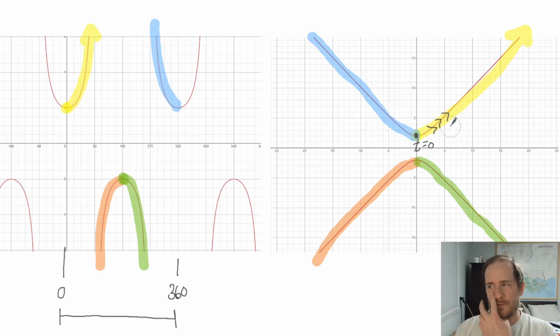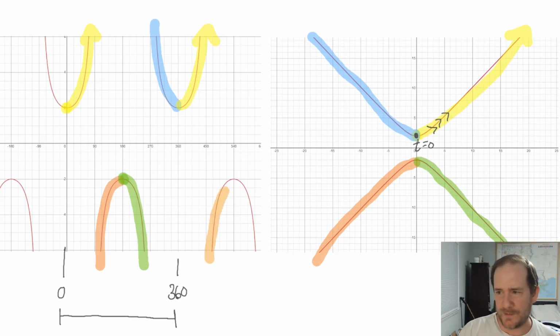That means this whole graph gets plotted just between 0 and 360. Then the whole cycle just starts again, right? If I kept going after the blue, I'd just be getting all this yellow again, tracing that same branch of the hyperbola. If I kept going after the yellow, I'd get this orange again, and I'd come up this branch. And if I let that go, I'd get the green again. And it just repeats.